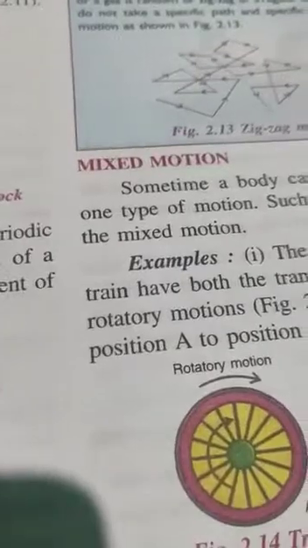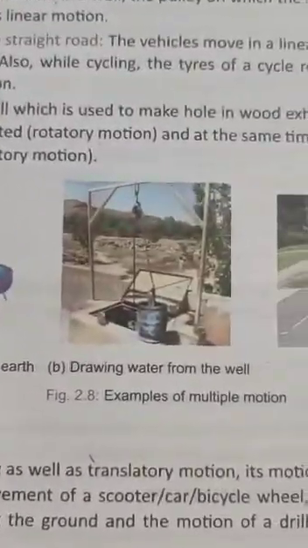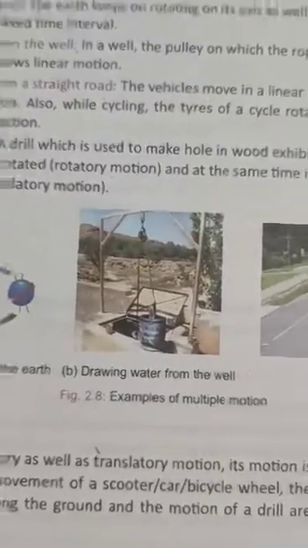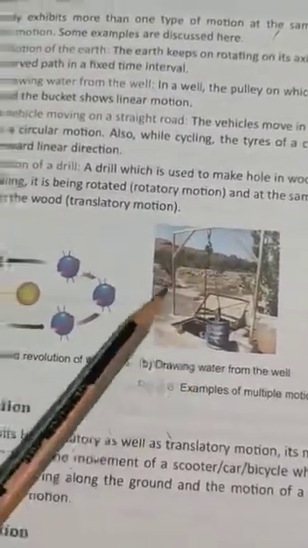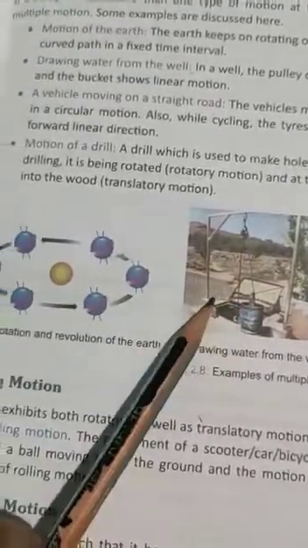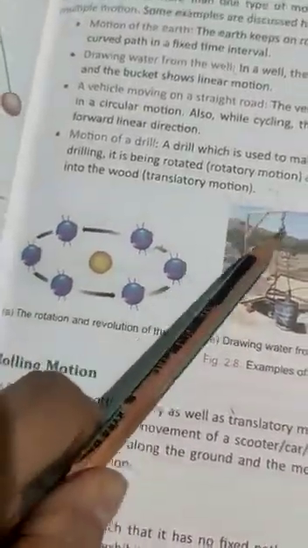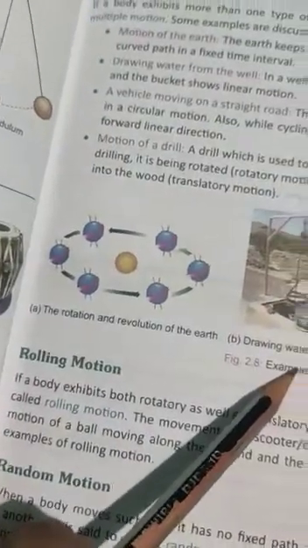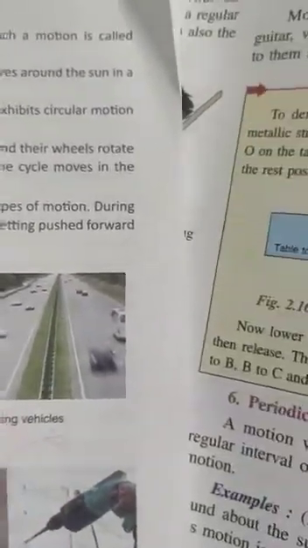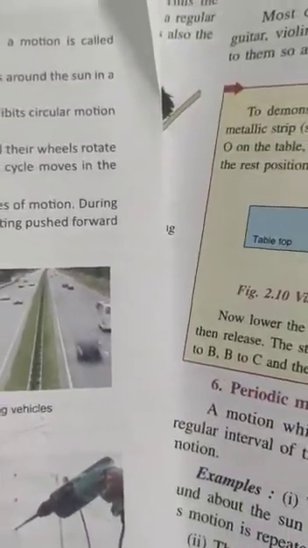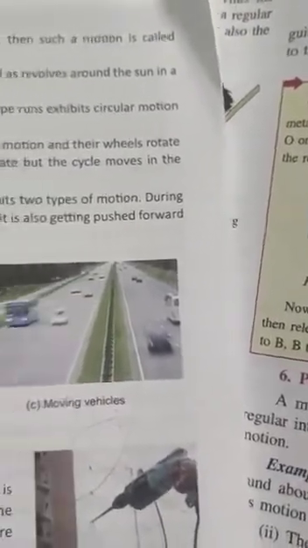Okay children, motion of a drill, so many examples are given in your book also. Here, drawing water from the well, you can see this pulley. It will exhibit circular motion, but when it goes down, the bucket shows linear motion, or you can say rectilinear motion. Moving vehicles: sometimes vehicles turn on a curved path, and sometimes they go straight.